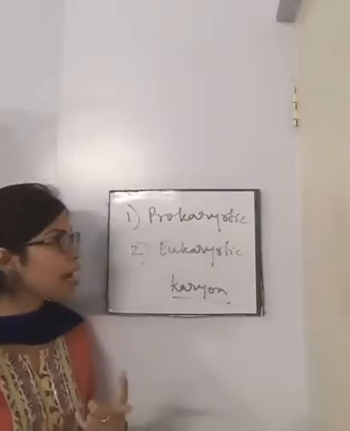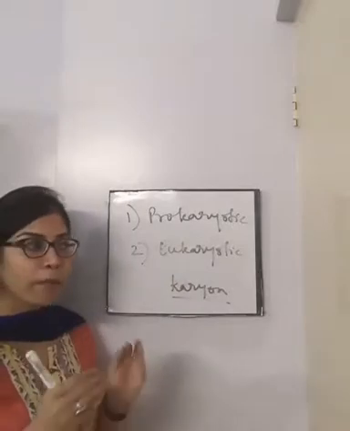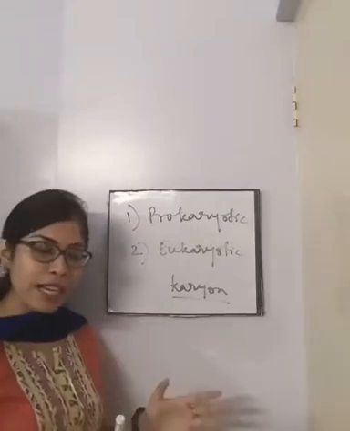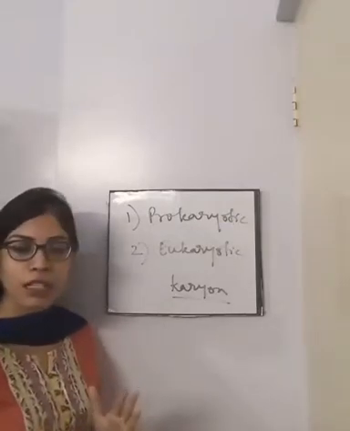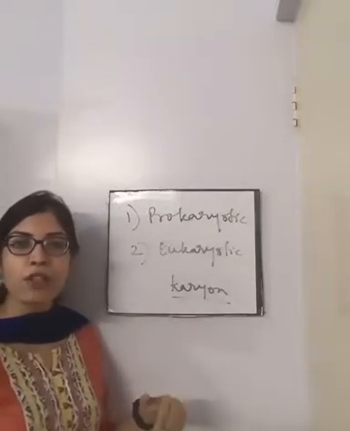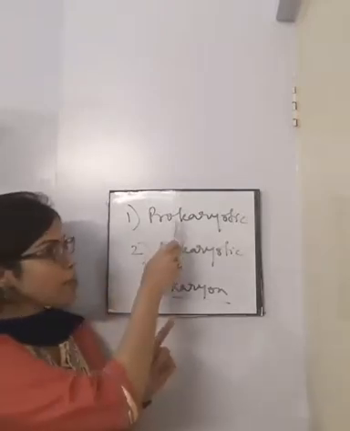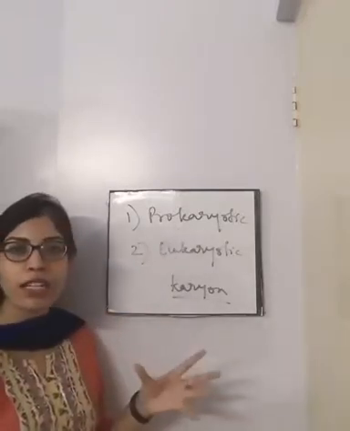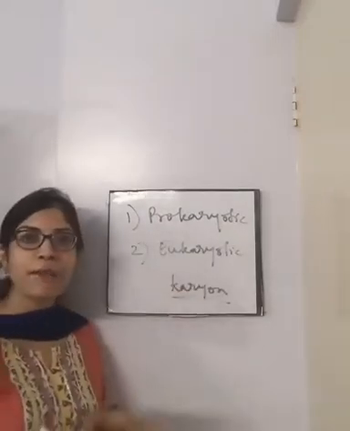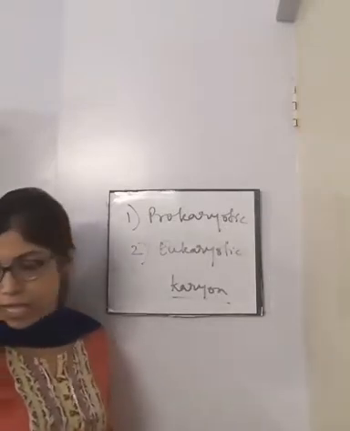On the other hand, eukaryotic is the well-developed cell because it contains a proper well-developed nucleus. Why? Because the nucleus here is bound by a nuclear membrane and also has a nucleolus. One more difference is that in prokaryotes, not all cell organelles are present, but in eukaryotes, all cell organelles are present. These are the basic differences between prokaryotic cells and eukaryotic cells.